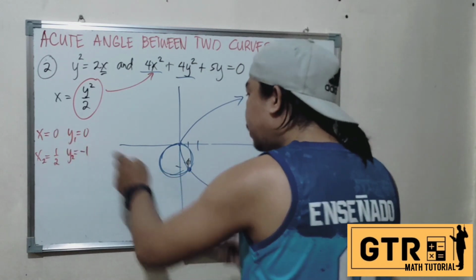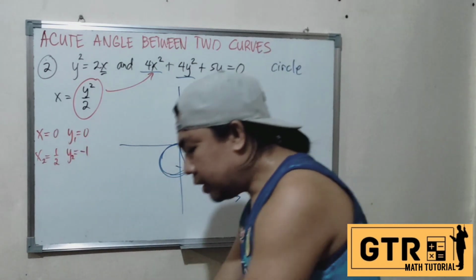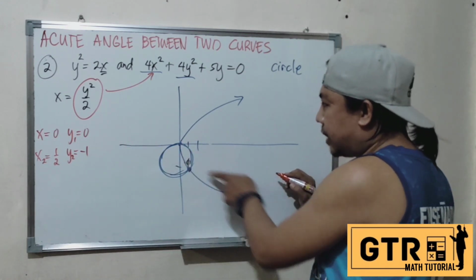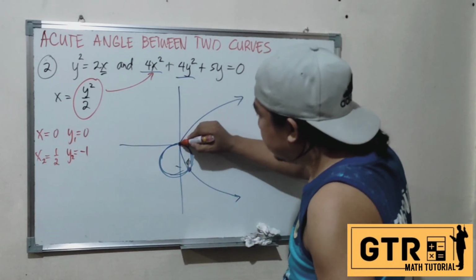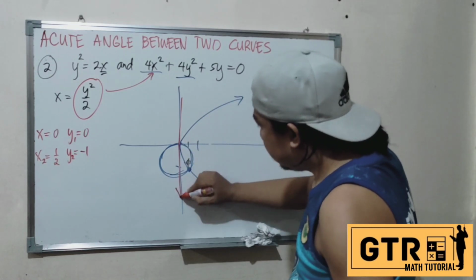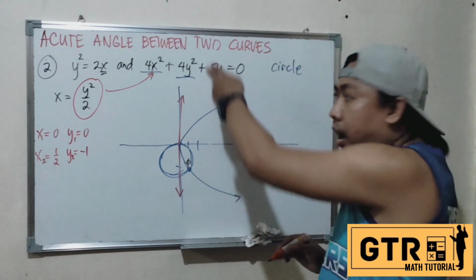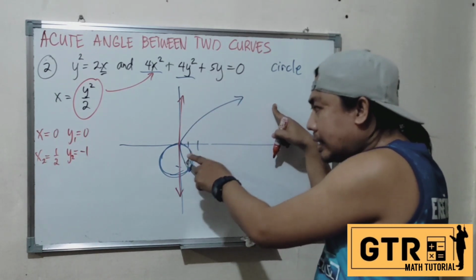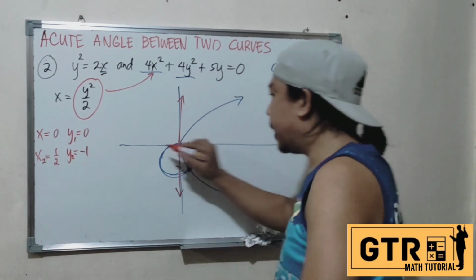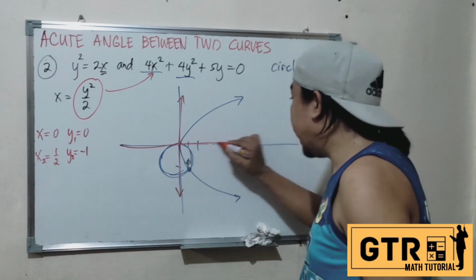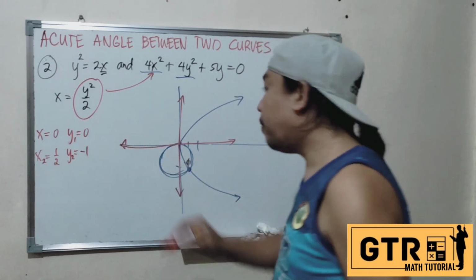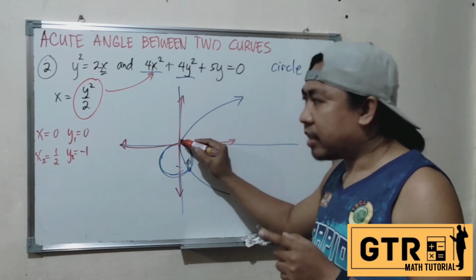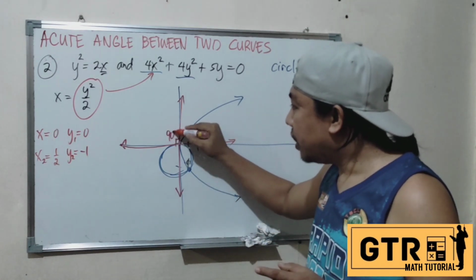Because when x equals 0 and y equals 0, the tangent line of this parabola is the y-axis, and the tangent line at 0, 0 of this circle is the x-axis. Therefore, the angle between their tangents is 90 degrees.